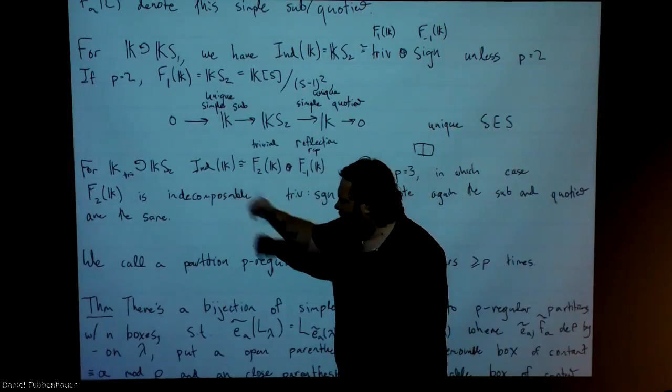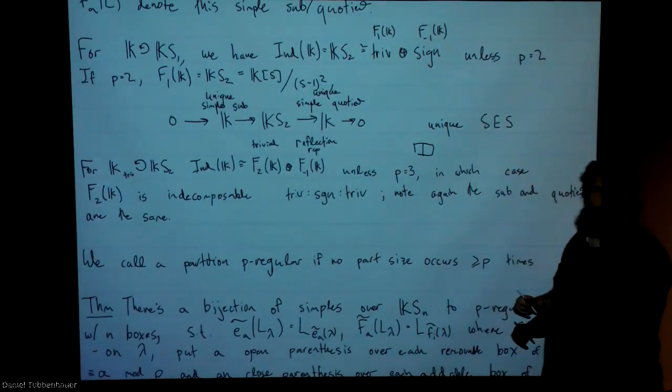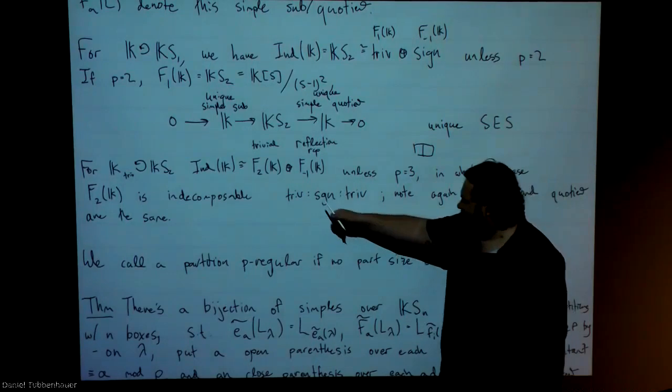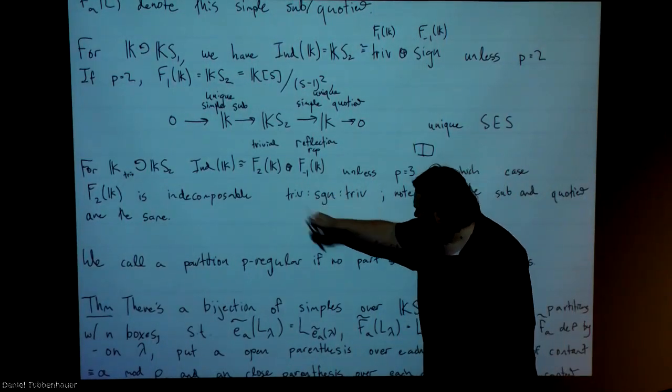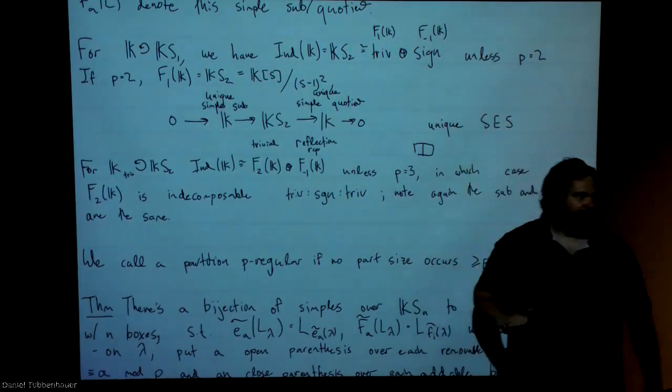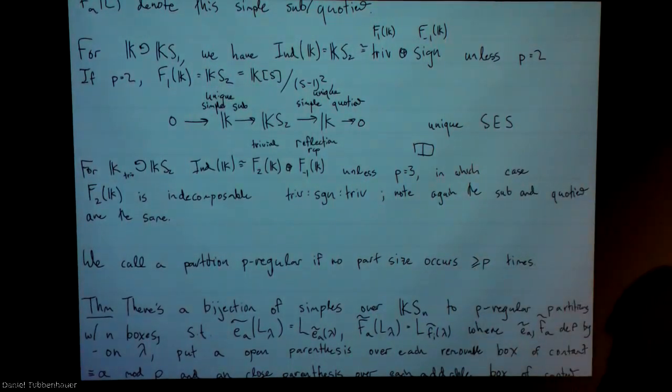then actually F2 of K is indecomposable. It's an extension where the trivial is the quotient, the trivial is the sub, and then a sign sitting in the middle.